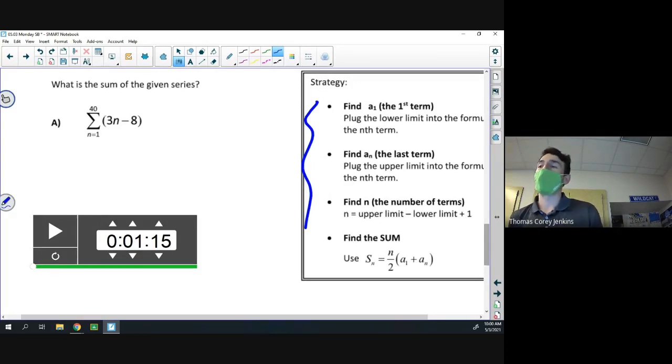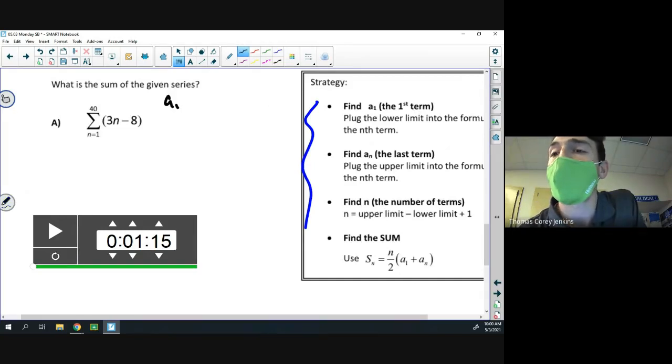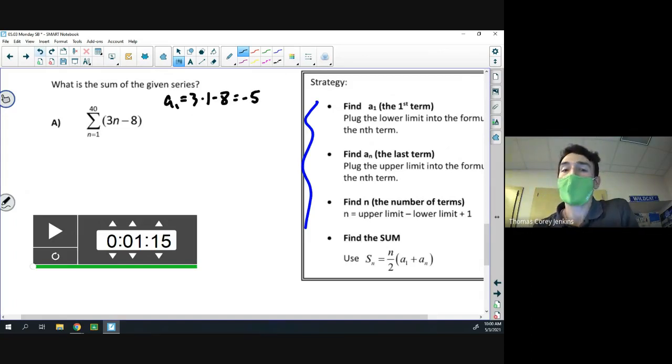To ultimately use our formula, we need to know what A sub 1 is. A sub 1 on this one is basically you just plug in 1 for n, so it's 3 times 1 minus 8, which is -5.